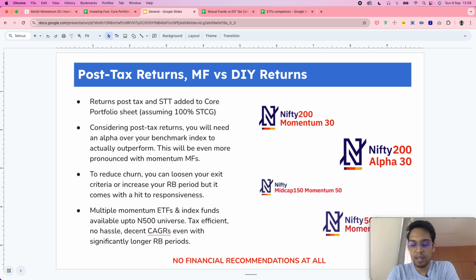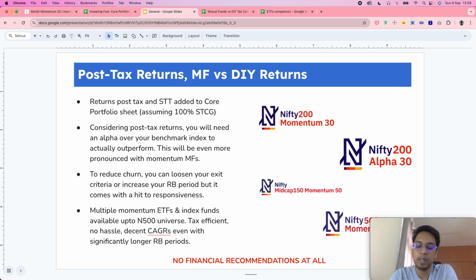So taxes are a major pain point, or a major aspect of how we compute our returns, how we see the actual real world returns, right? So till now we have shown pre-tax returns in our core portfolio, and I had said in one of the previous videos also that it has been pending for some time, and I had to incorporate the post-tax returns also.